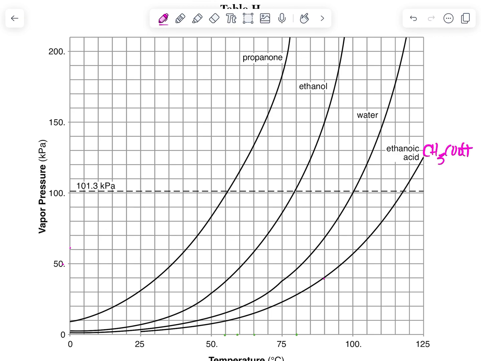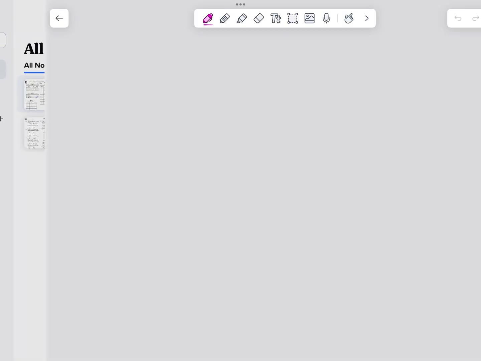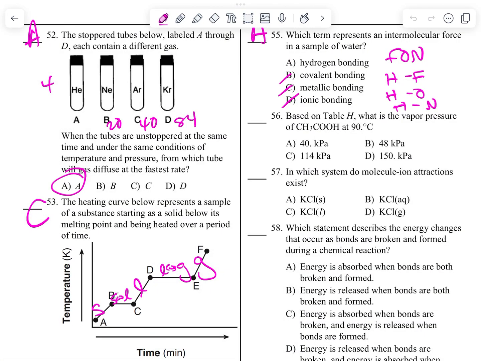And I believe it's set at 90 degrees. So 80, 85, 90, and then that is 1, 2, 3, 4. So this is 40 kilopascals. Bring it over here. And that is a choice.